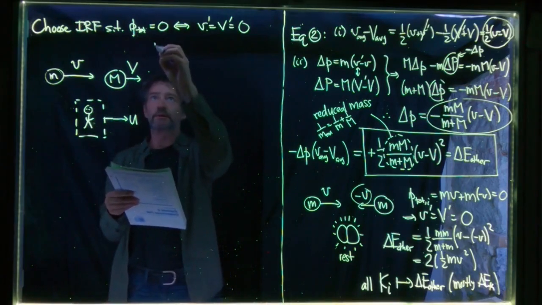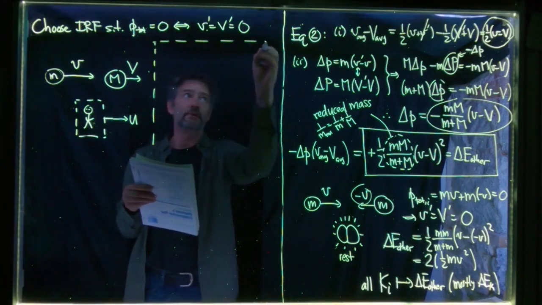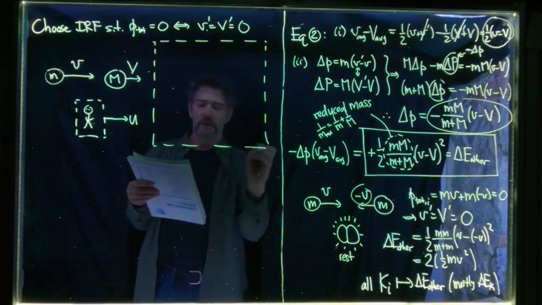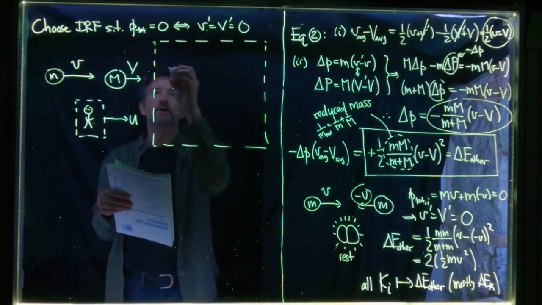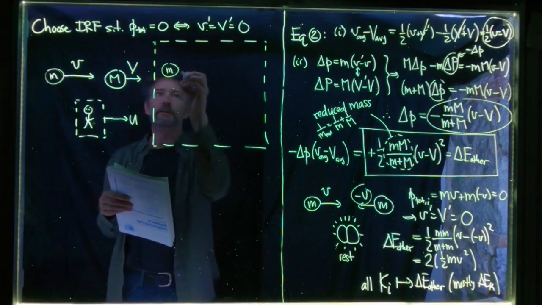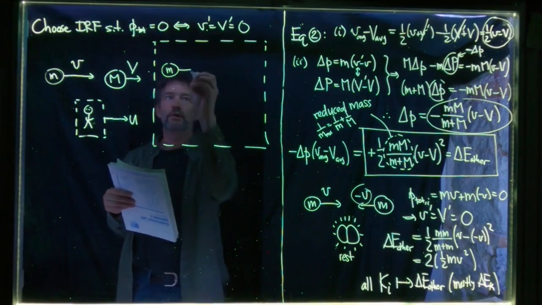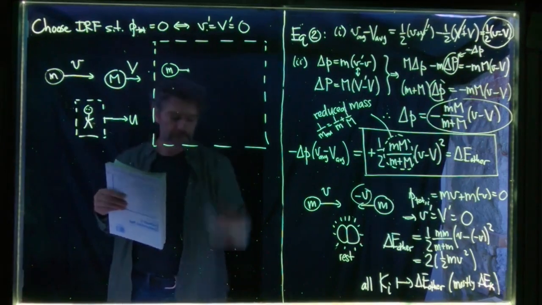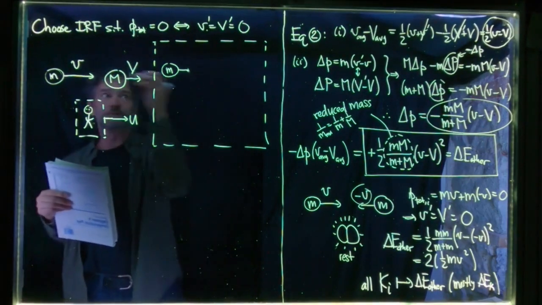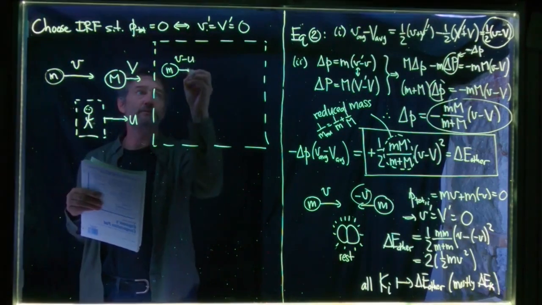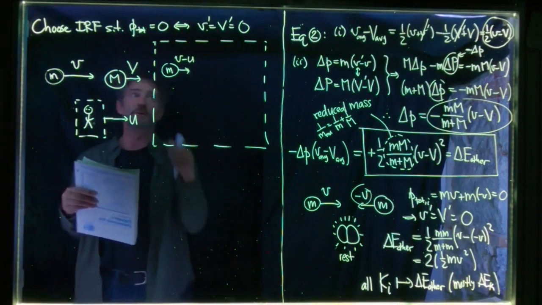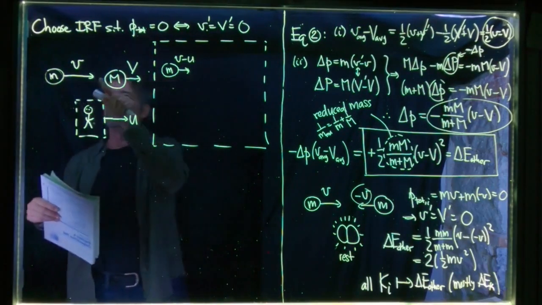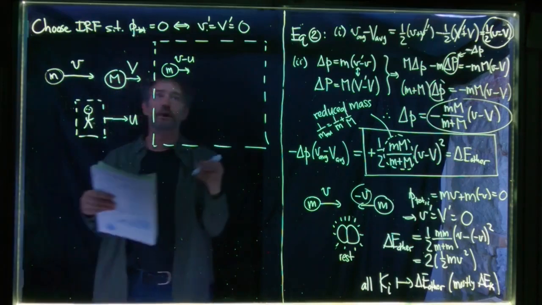So in his frame of reference, what he sees is an object of mass little m moving to the right with a speed v minus u. We just subtract u from both of these velocities. That makes little v shorter, but it's still going to the right.